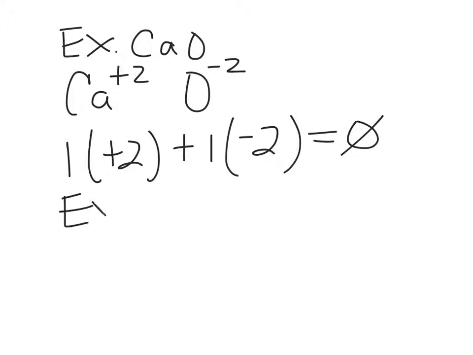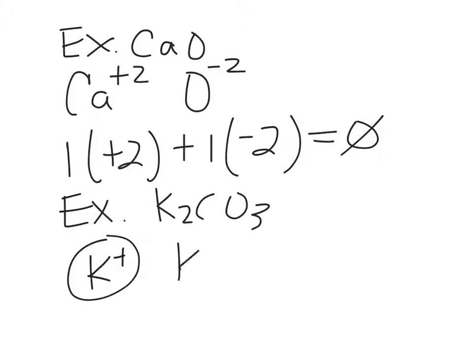Let's do another. We'll start to up the level of difficulty. Potassium carbonate. So in this one, we've got 2 of these potassium cations, each of which has a charge of +1. And then you've just got to start practicing recognizing these polyatomics.